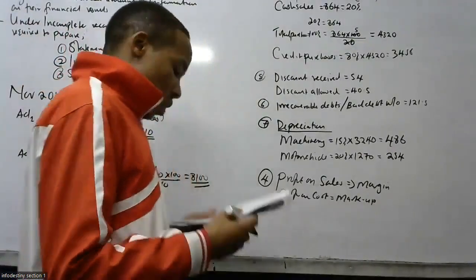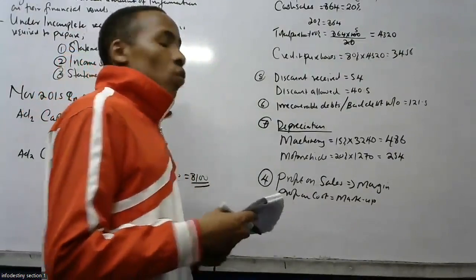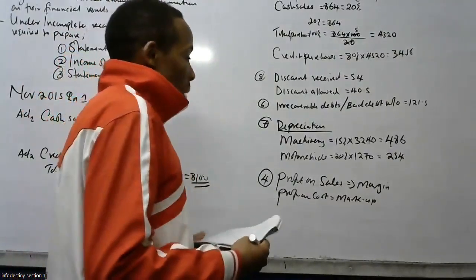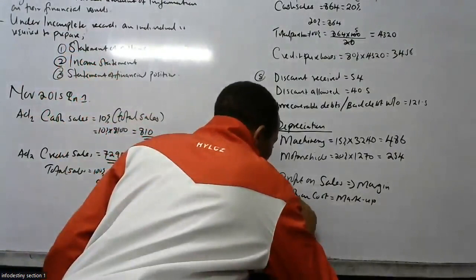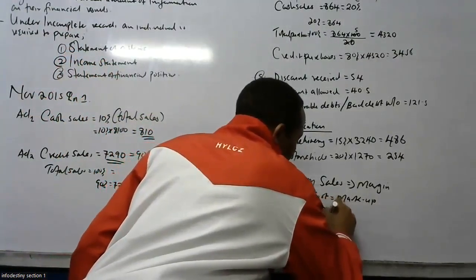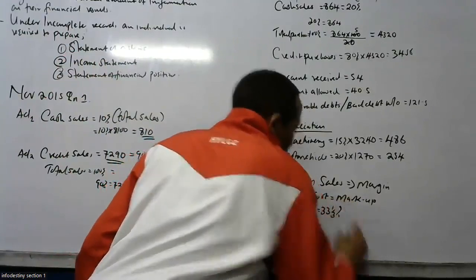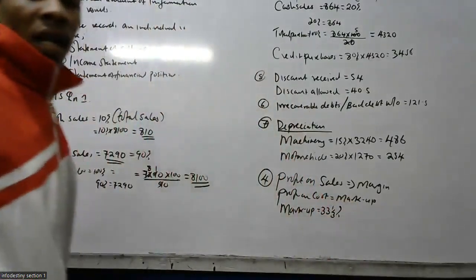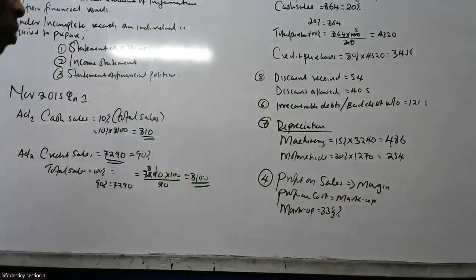That means we need to change that markup to margin. And we are told that the markup is 33 and a third percent.